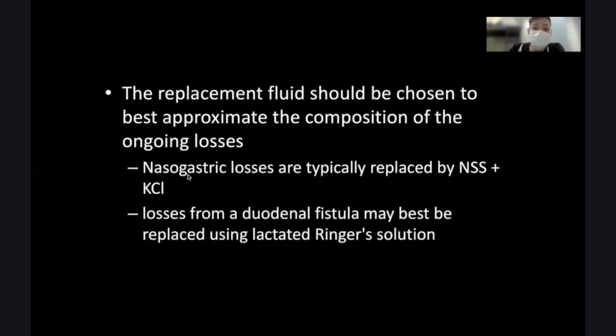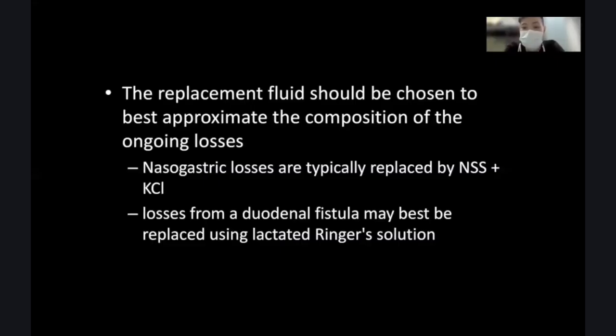So the replacement fluid should be chosen to best approximate the composition of the ongoing losses. Okay? Nasogastric losses are typically replaced by normal saline solution plus KCl. Why? Because as mentioned earlier, if you have gastric losses, you also lose potassium as well as chloride, not just your sodium.